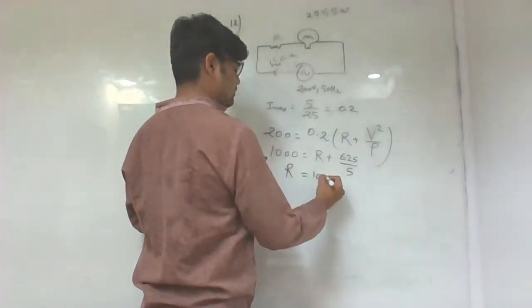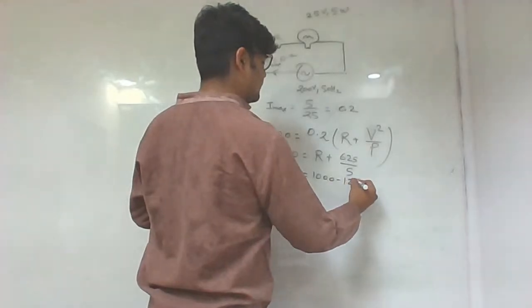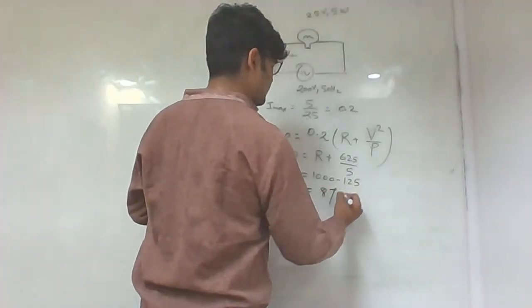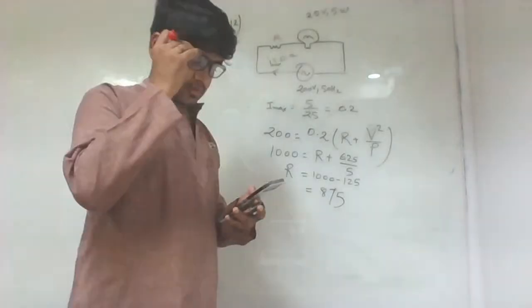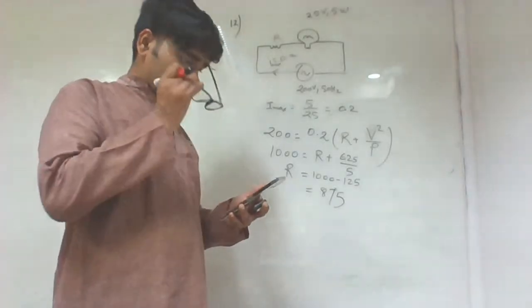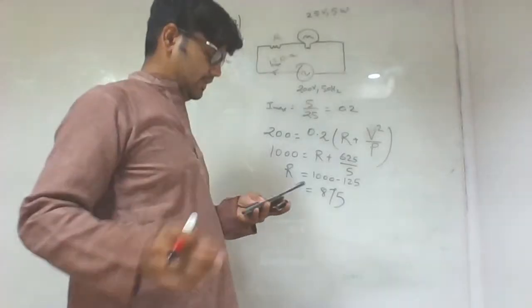R is equal to 1000 minus 125. Okay, so done for the 12th question. The answer is 875.